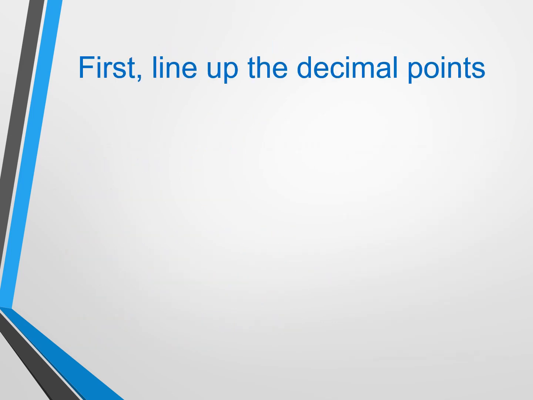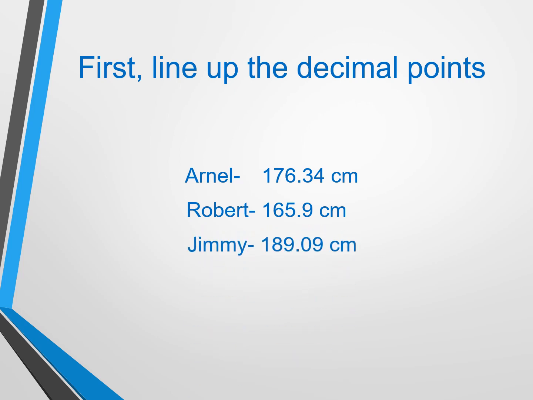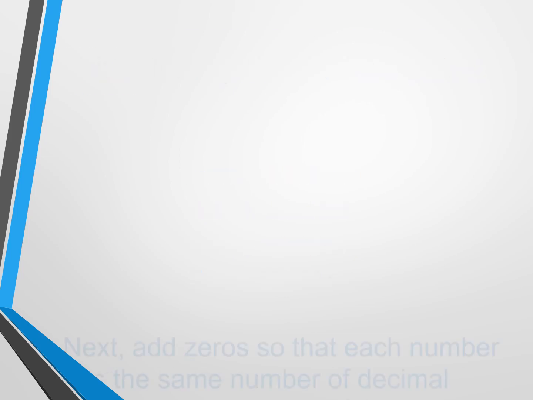Let's find out. First, line up the decimal points. So Arnell's height is 176.34 centimeters. Robert's height is 165.9 centimeters. Jimmy's height is 189.900 centimeters, and Edwin's height is 198.800 centimeters.